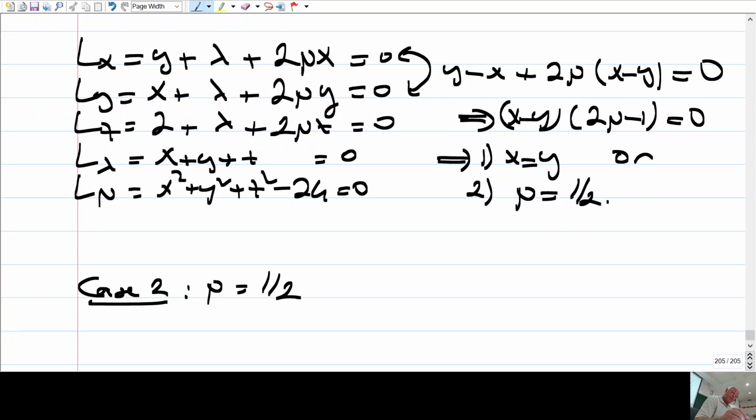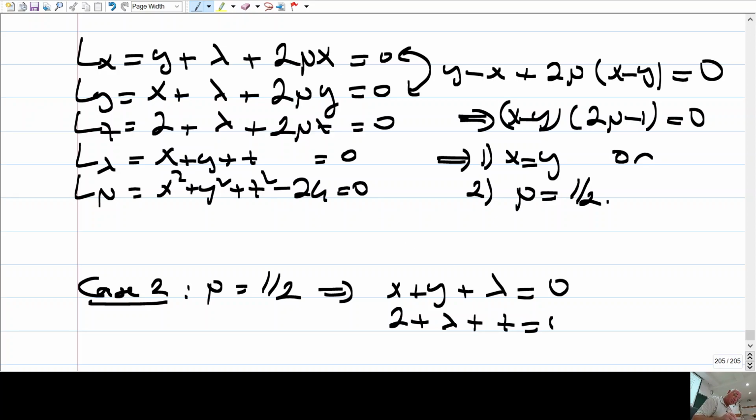Okay, let's look at the second case first. First consider the second case, mu equals 1 over 2. If mu is 1 over 2, then we have what? İkinci denklem ne olacak? X artı y artı lambda eşittir 0. Bu ne olacak? 2 artı lambda artı z eşittir 0.